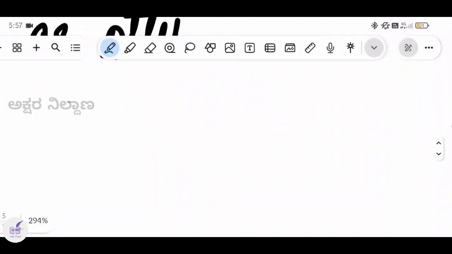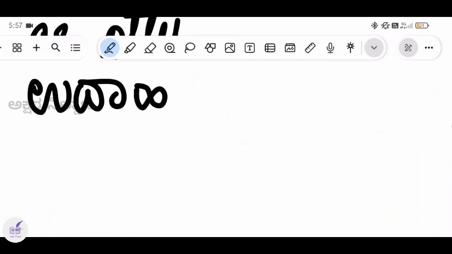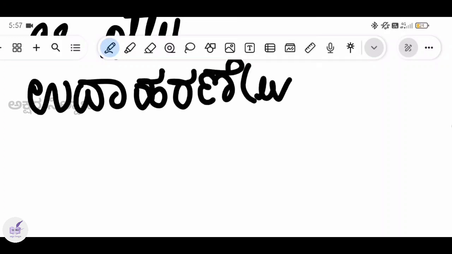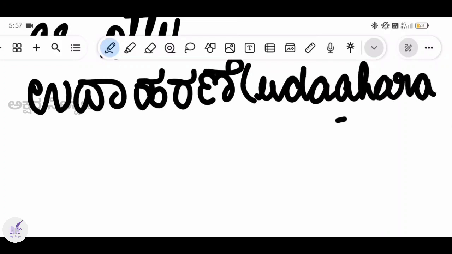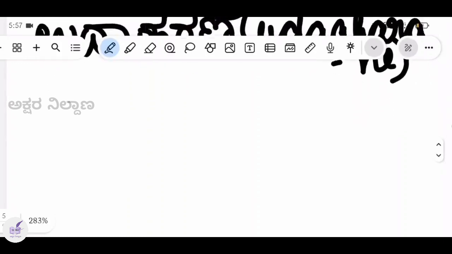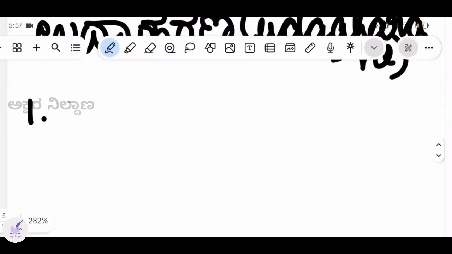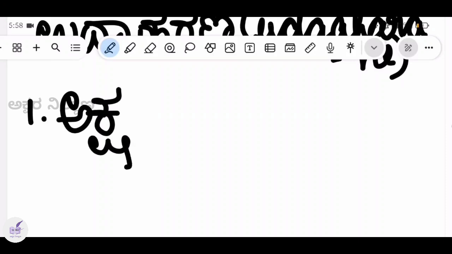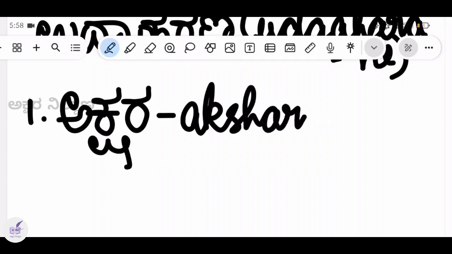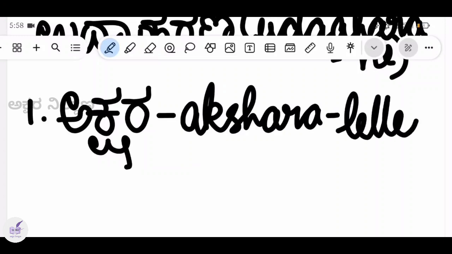Yes. We'll take an example. Examples in Kannada is Udaharane. Udaharane means examples. First one we'll see. A, Ka is having Shavattu, Ra. Akshara. Akshara is an example for Vijati Vattakshara, which means letter.